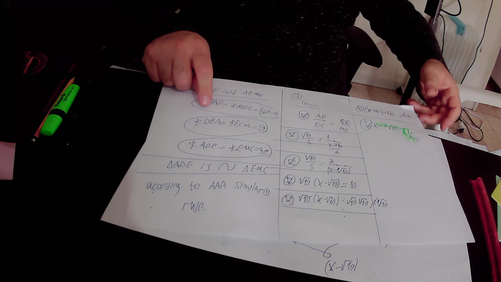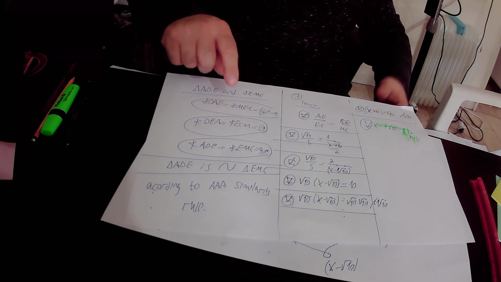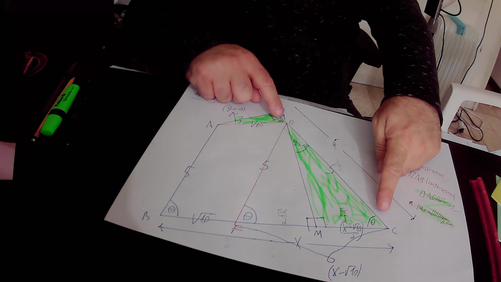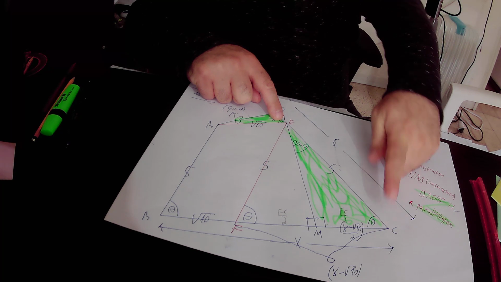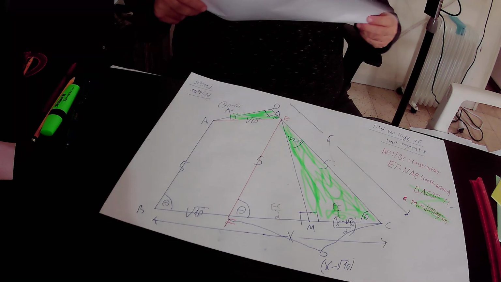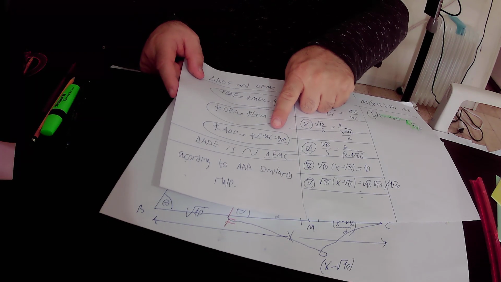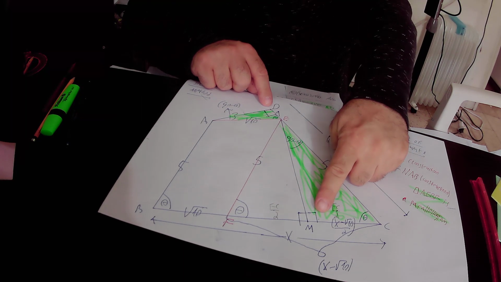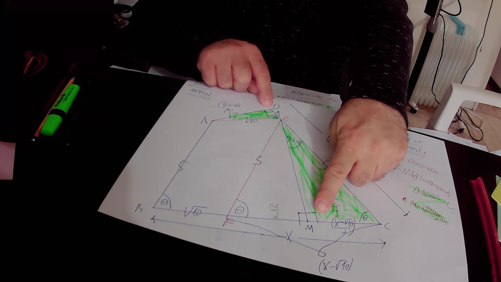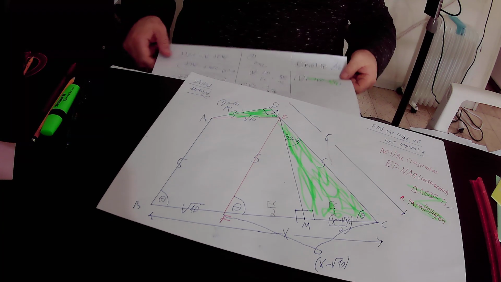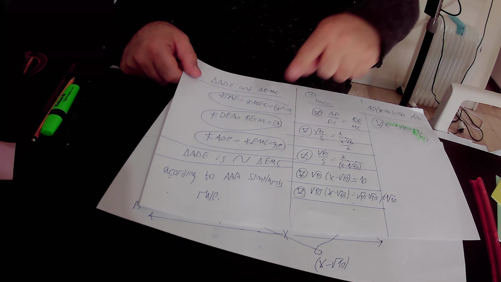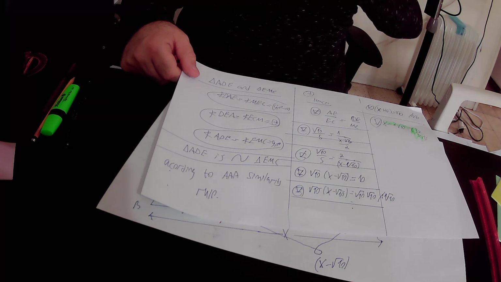Angle DEA equals angle ECM equals theta. And angle ADE equals angle EMC equals 90 degrees. Therefore, triangle ADE is similar to triangle EMC according to the angle similarity rule.